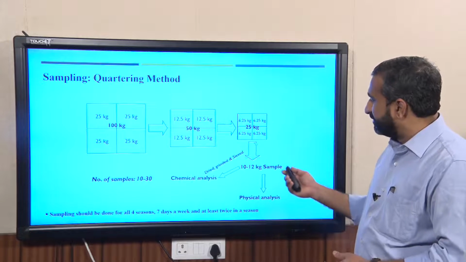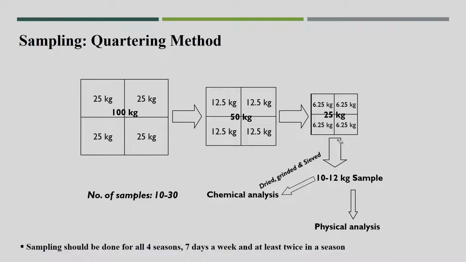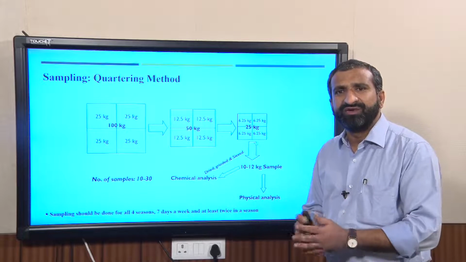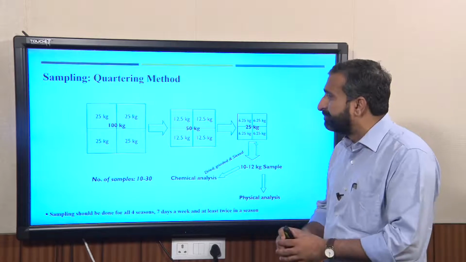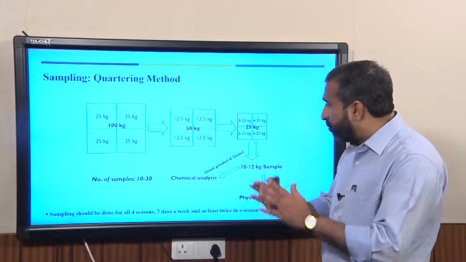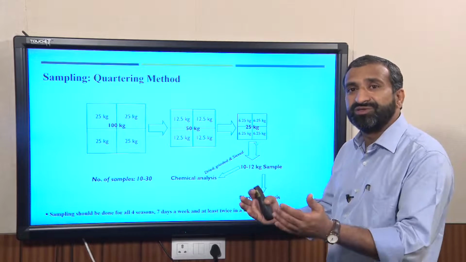From that, we dry the waste, grind it and sieve it, which goes for the chemical analysis, and the remaining waste goes for the physical analysis. This is the way we collect 10 to 20 or 15 kg of waste, which will be your sample. The major idea of the quartering method is to get homogeneous waste, not heterogeneous waste.